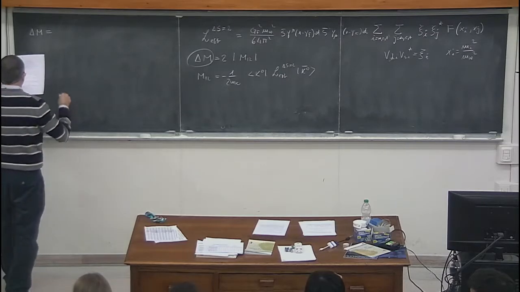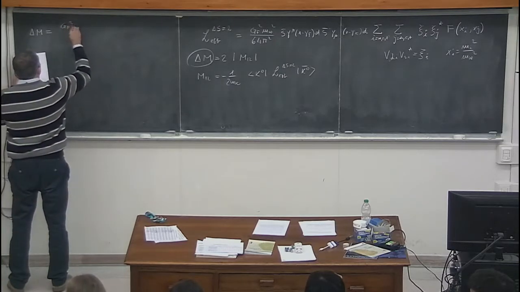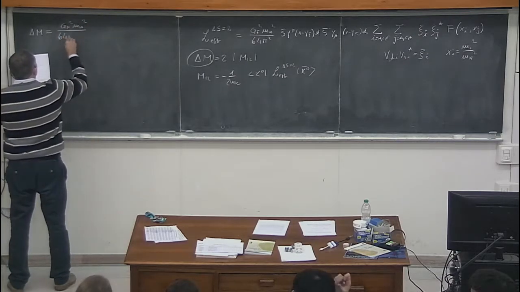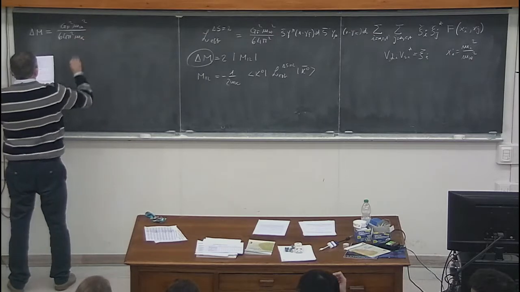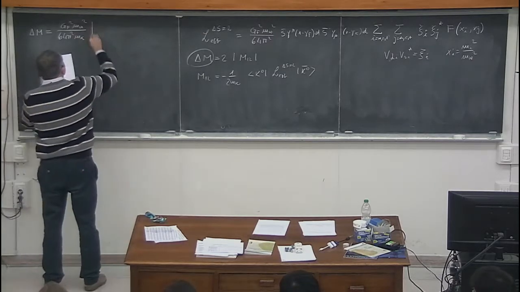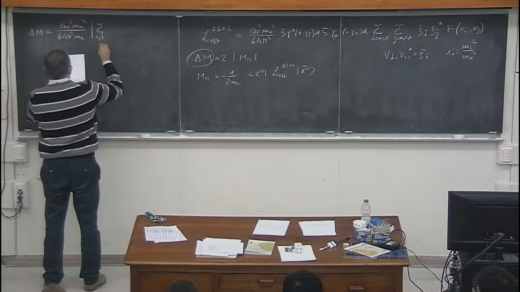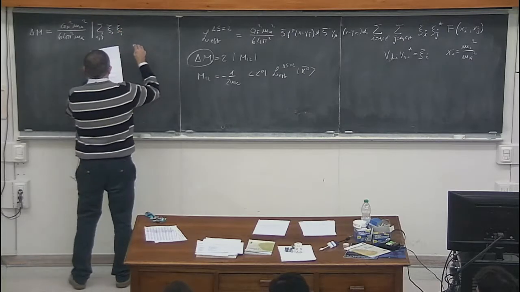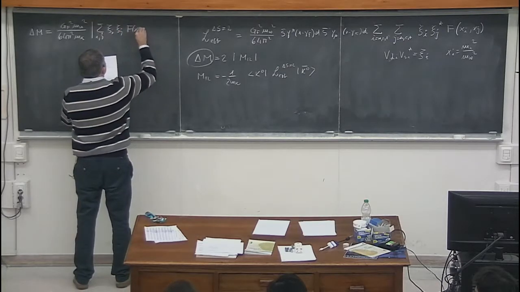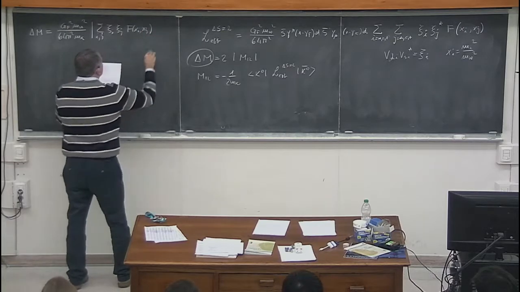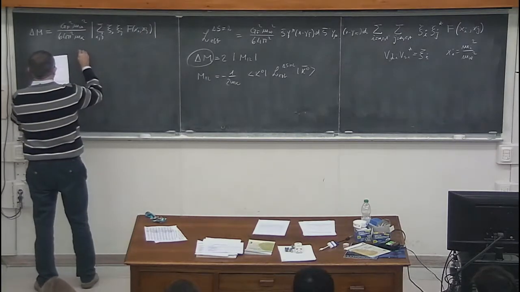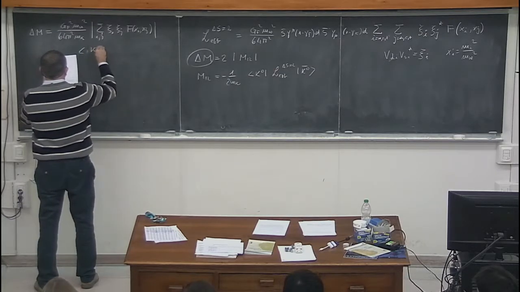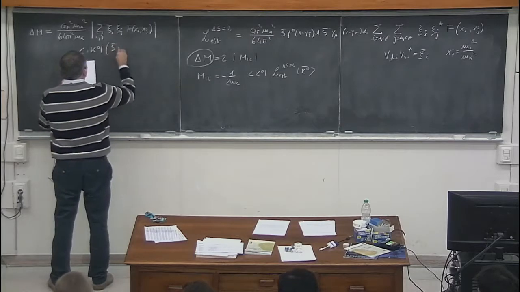over 64 pi squared mK, the mass of the K meson, times the absolute value of the sum over i and j of psi_i psi_j f(xi, xj), times the matrix element of K0 s bar gamma_mu (1 minus gamma_5) d squared K0 bar.